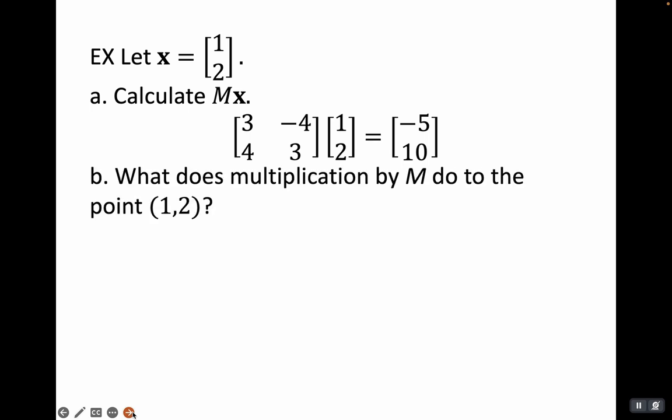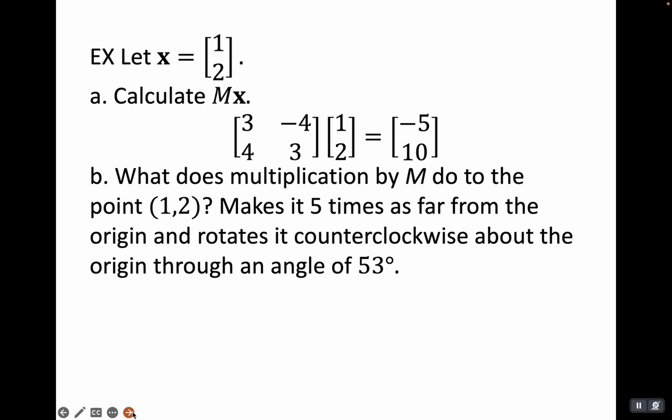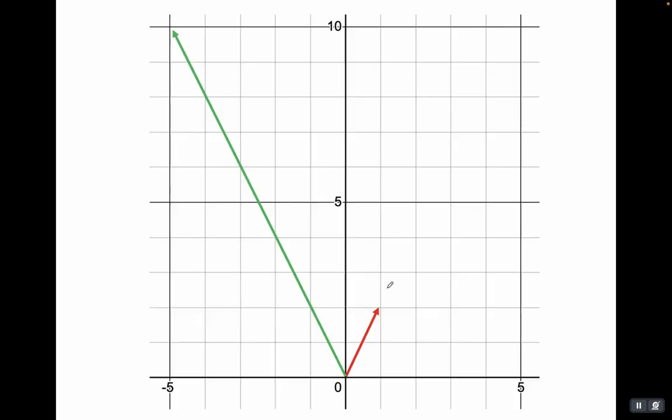So what does multiplication by M do to the point (1, 2)? Makes it 5 times as far from the origin and rotates it counterclockwise about the origin through an angle of 53 degrees. That's what we meant when we said that the scaling factor was 5 and that angle phi was 53 degrees.